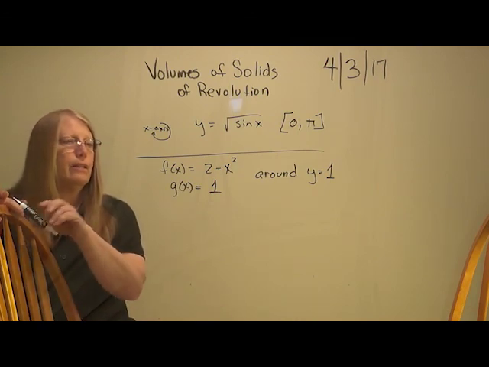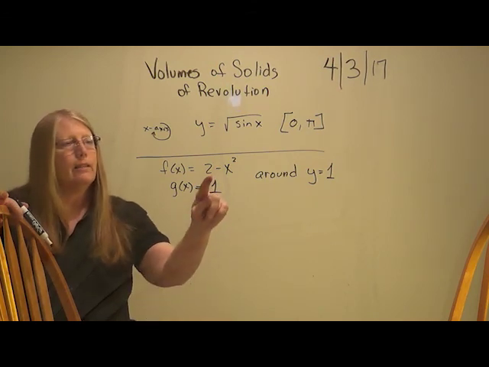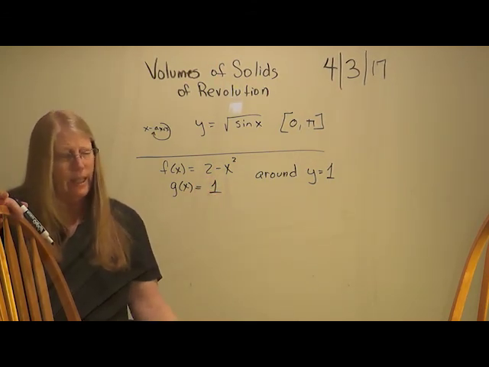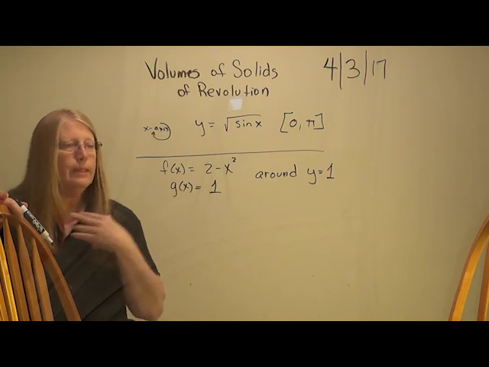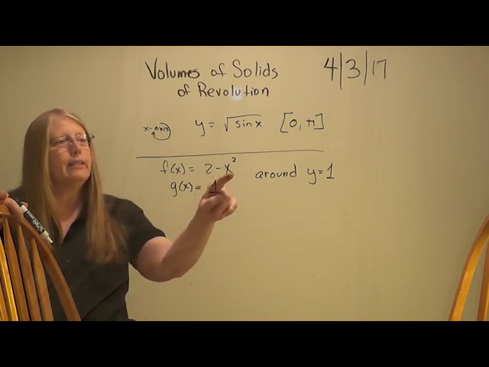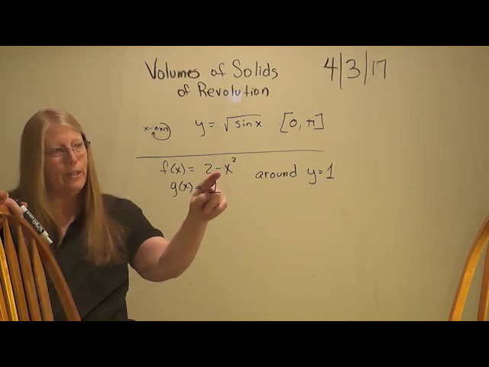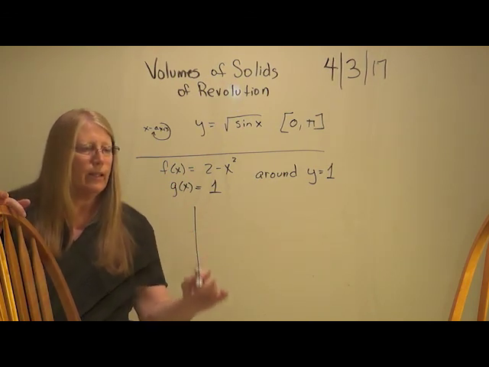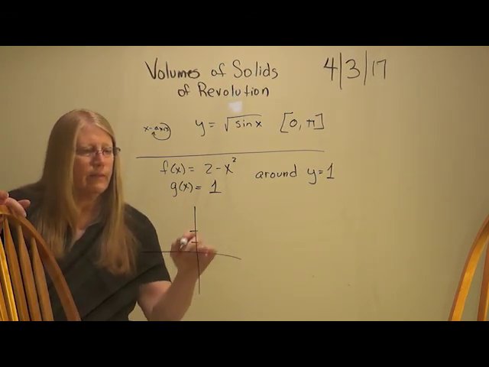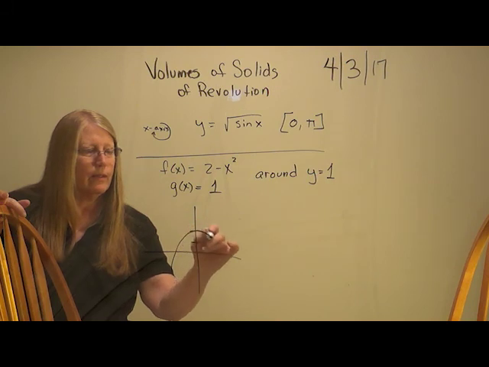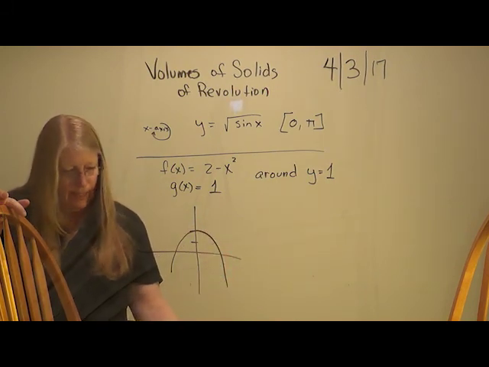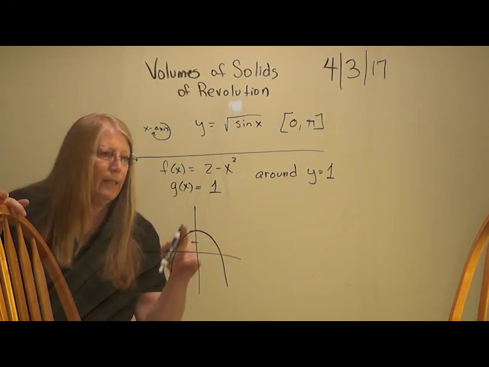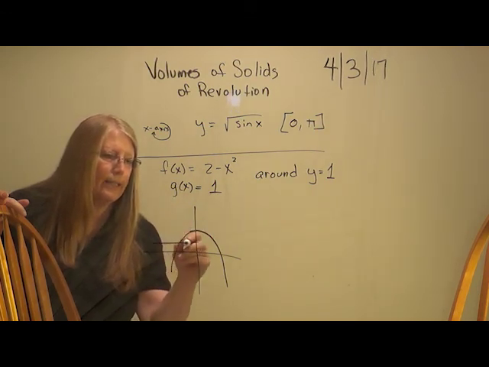So the sketch, always start with the sketch. The area bounded between these 2 curves, excuse me, this is the frowner turned up, smiler turned upside down, so it's a frowner raised up 2. Like that. And the line y equals 1, or g of x is like y equals 1, is like this.